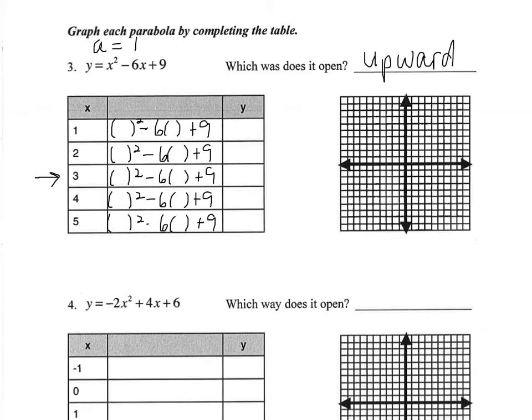Once I have all of that filled in, let's plug in the numbers. I'm going to plug 1 in the first row, and I'm going to plug 2 in, and 3, and 4, and 5.